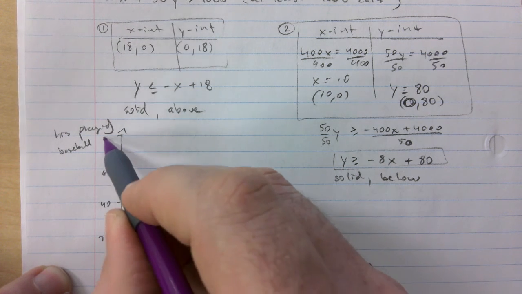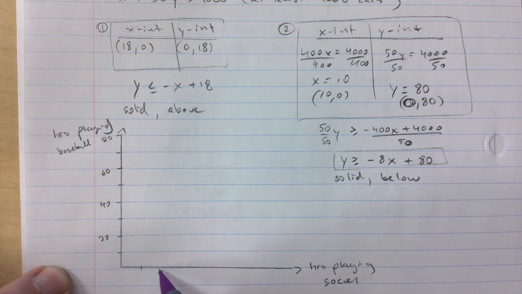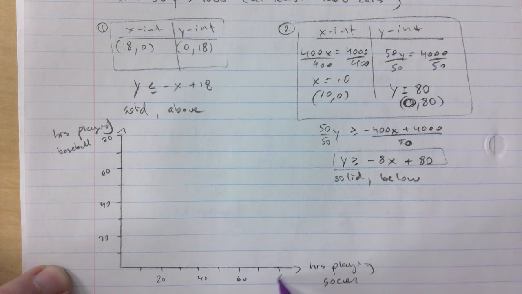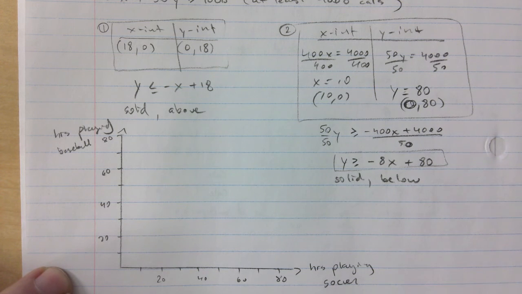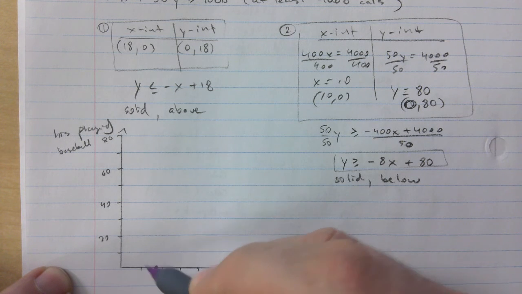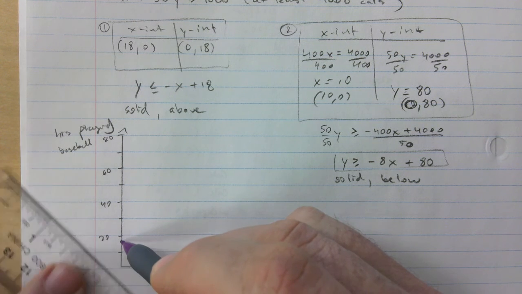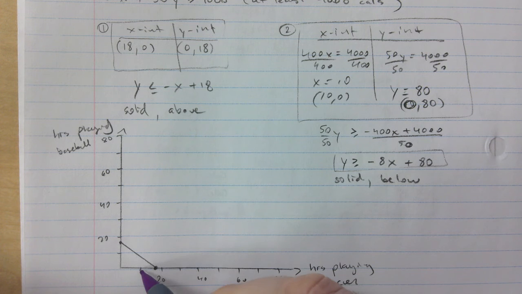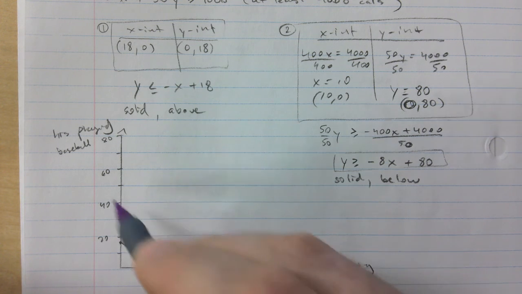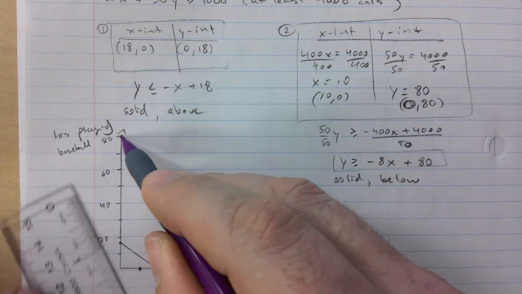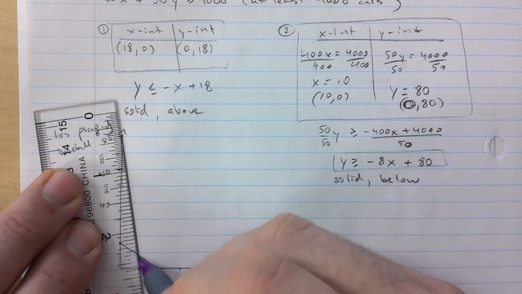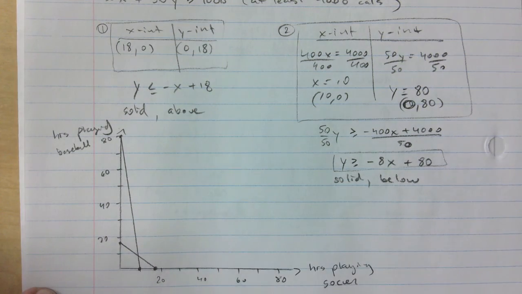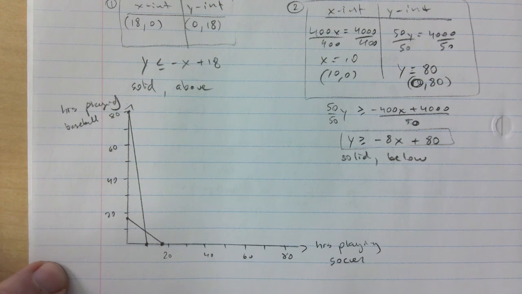If it doesn't, then you just change your scale. Okay, there it is. 18, 0, 0, 18. And then it's 10, 0, 0, 80. So that's what it looks like.